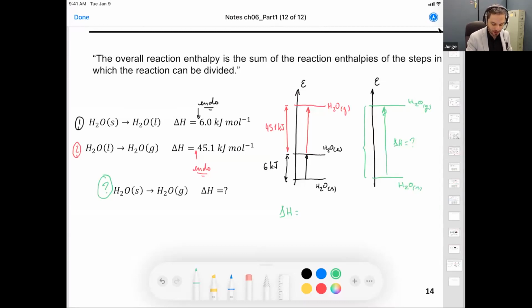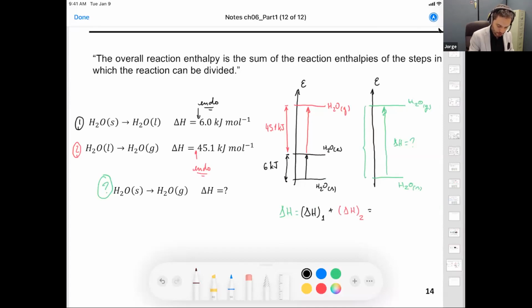It doesn't matter if we go directly from solid to gas or in individual steps, the delta H has to be the same. Therefore, the delta H for the direct transformation between solid and gas is going to be the delta H for step number one, which I'm going to represent as delta H1, plus the delta H for step number two.